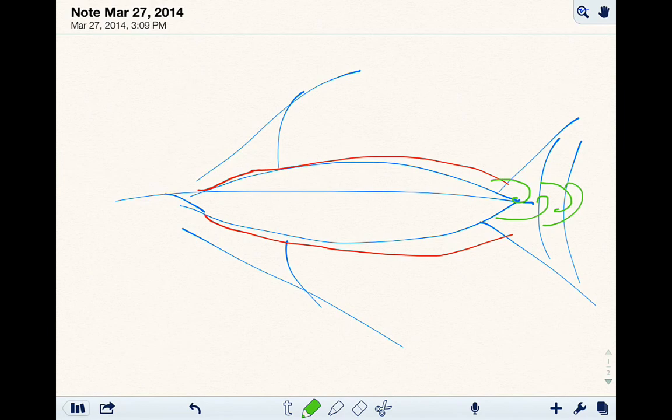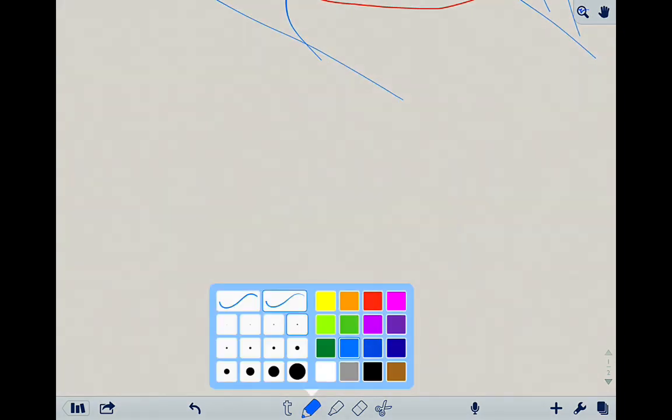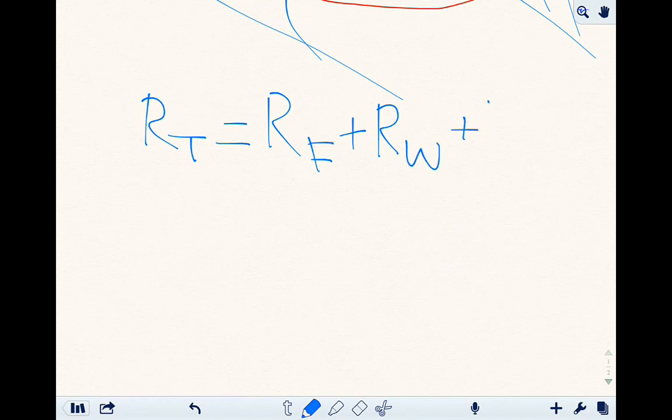So there are three components: friction, wave, and viscous form drag. If we look at the total resistance, we can write R_T, the total resistance, as the friction drag plus the wave drag plus the form drag, which I'll call R_form.